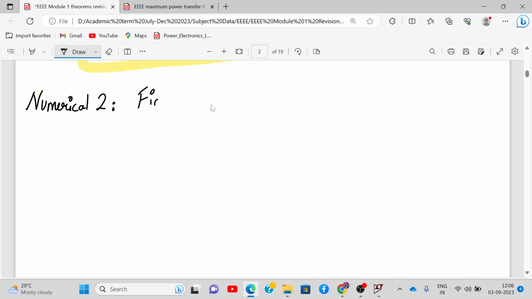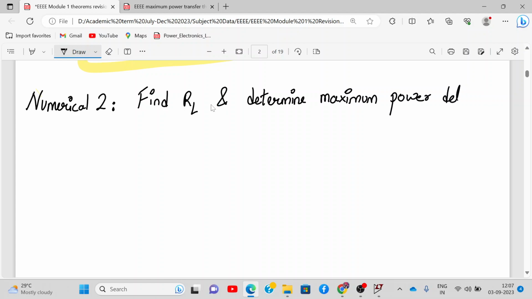Find RL and determine maximum power delivered to the load. Okay, that's the question. And this is the circuit diagram. Please draw it along with me.